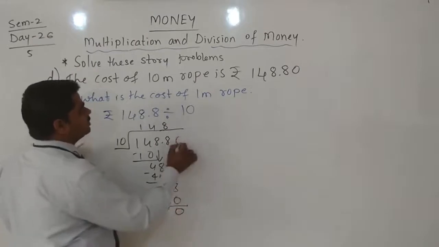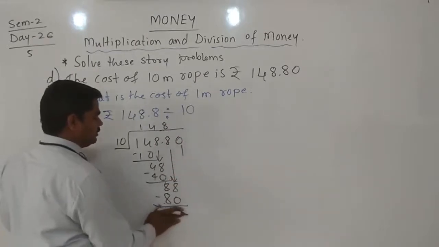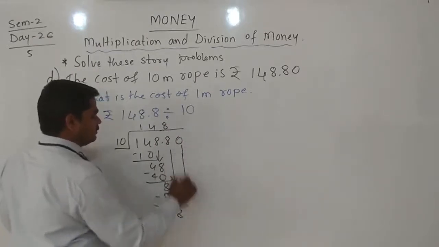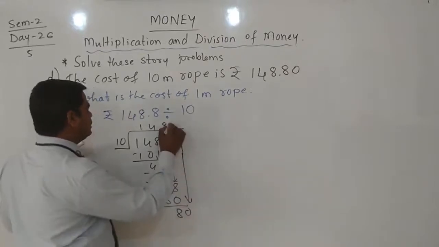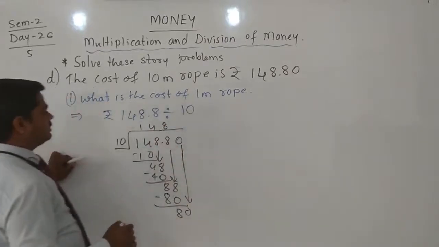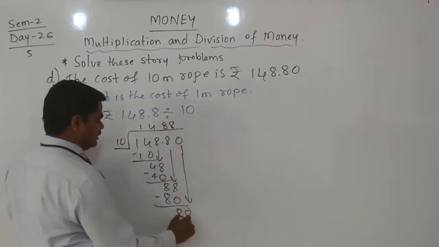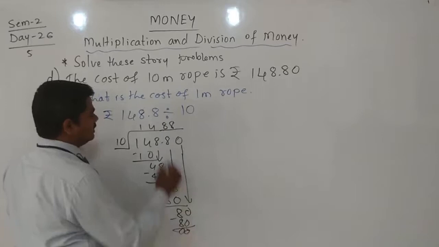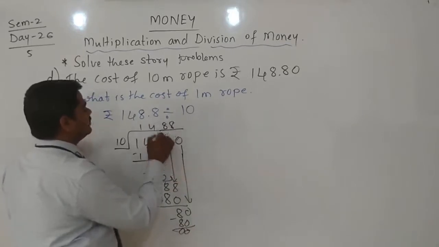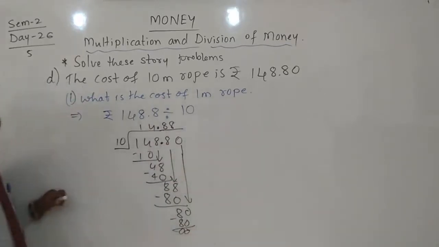You can place 0 here. This is 14, and there is a decimal, 14.88.